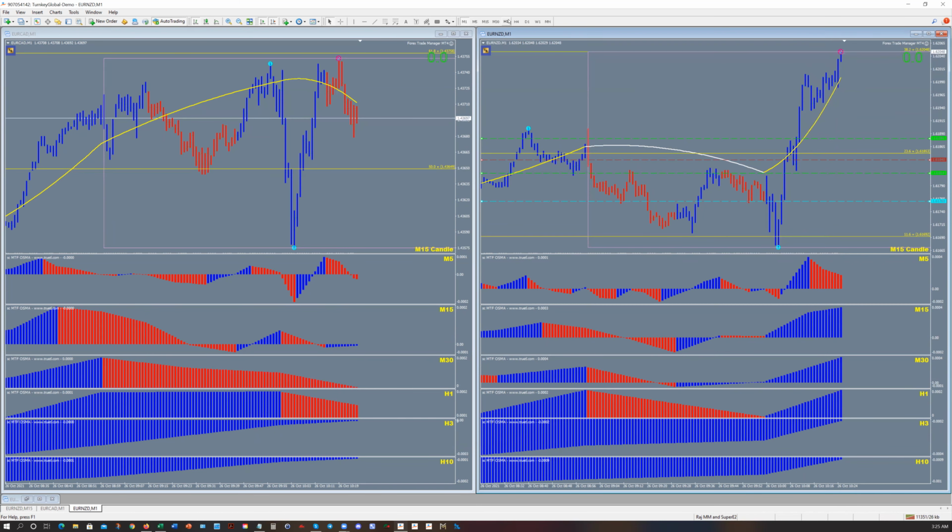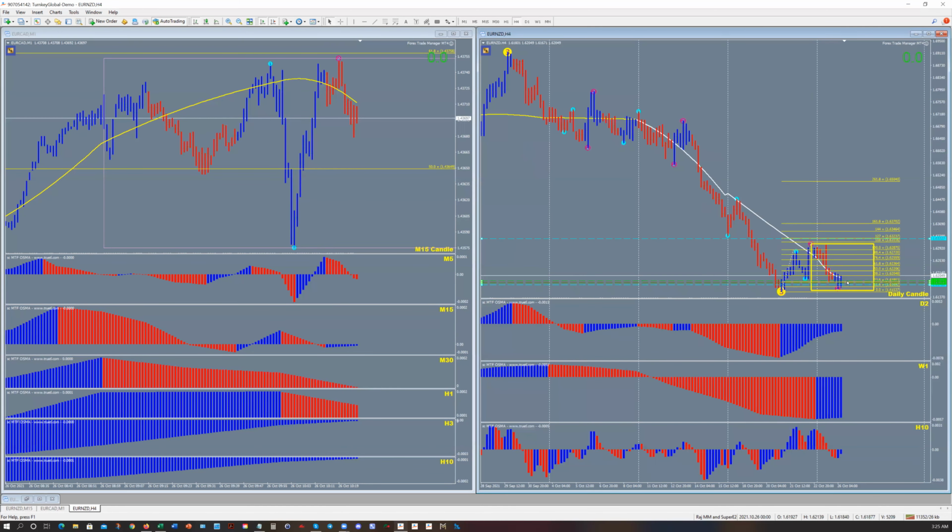If you're going to play the 4-hour, then you put your stop loss below this, over here. So like a 20 pip stop loss. And then you wait for this to hit. That's like 150 pips away.